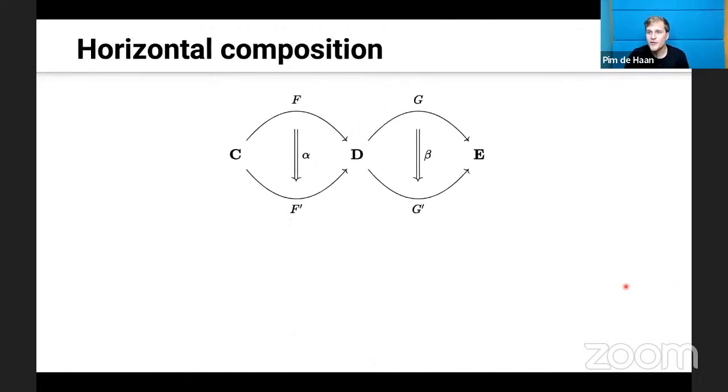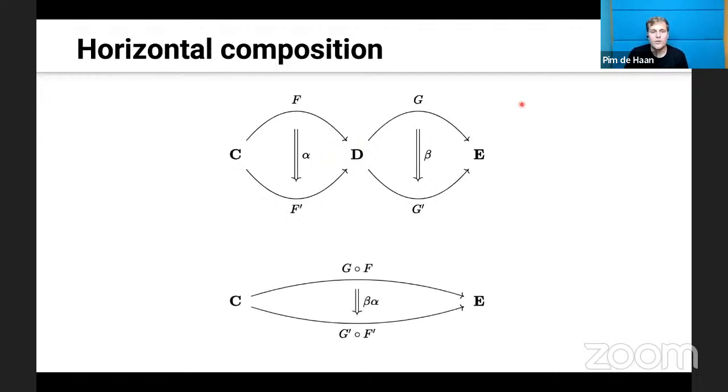Another thing we can do is horizontal composition. If you have three categories, and alpha maps from functor F to F prime and beta from G to G prime, then we can compose these into a natural transformation from G after F to G prime after F prime.